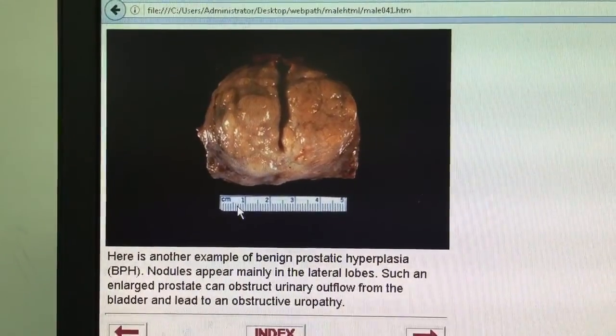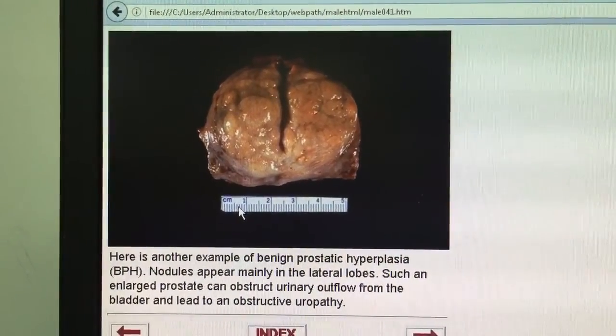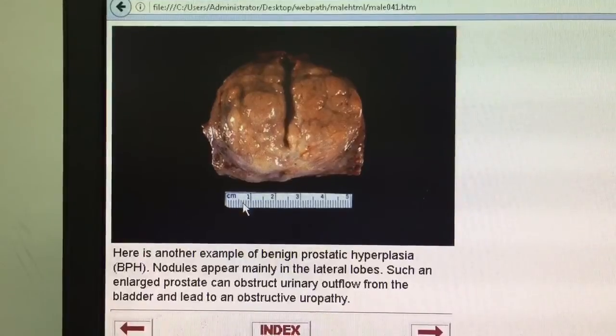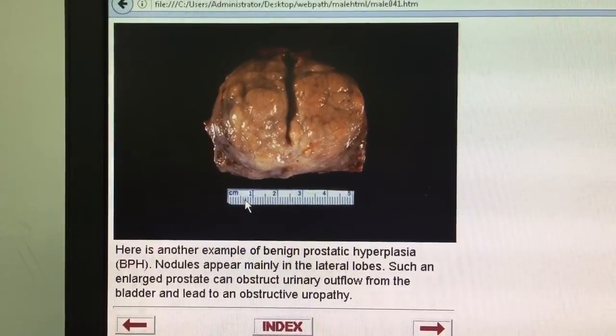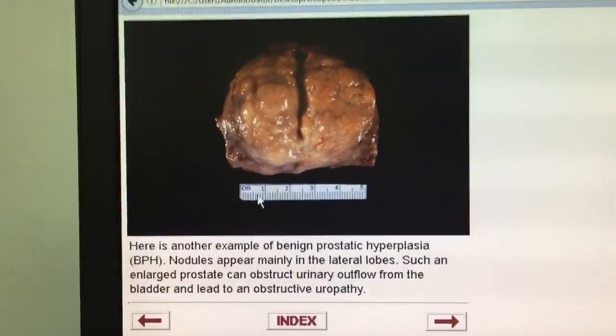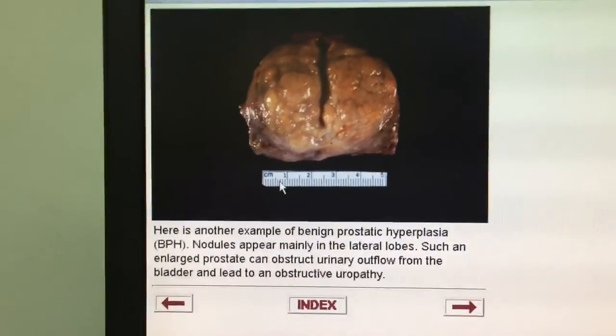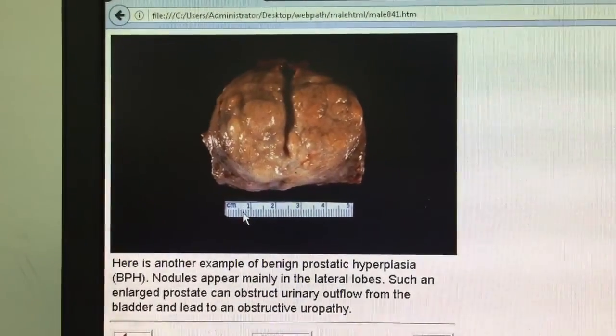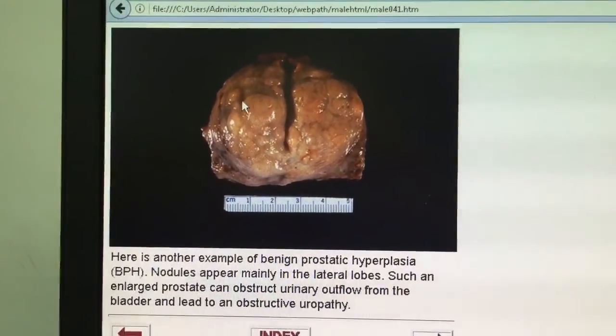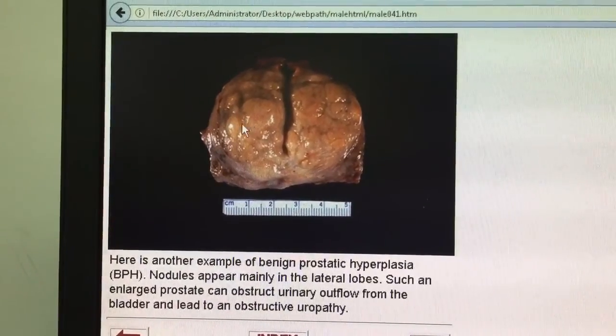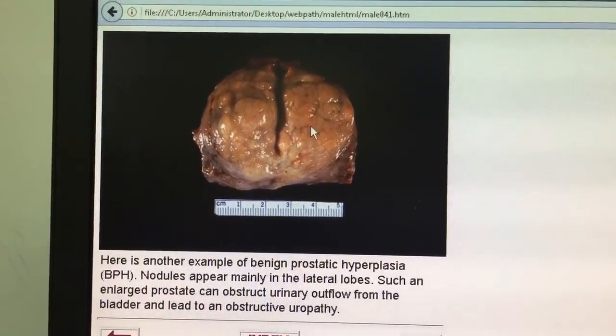For enlargement or neoplasms of the prostate, we have benign and we have malignant. The benign one is called NPH, nodular prostatic hyperplasia. Why nodular? Because this is a nodule, this is a nodule, this is a nodule, also this is a nodule.